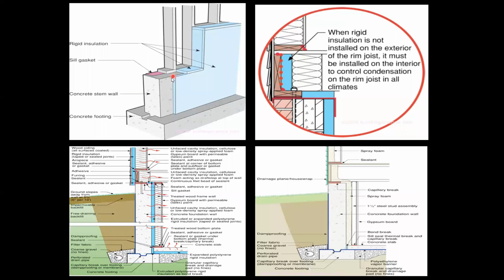Each one has a different coefficient of expansion, so we need something that's going to work with all these different materials. Gun foam doesn't work. It's not flexible. I'll say it now and we'll go through it later. You've got to use a sealant that's able to work with all the movement of different materials. Cap the top, cap the bottom.